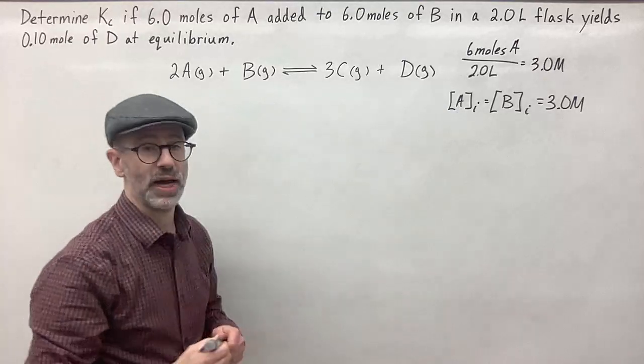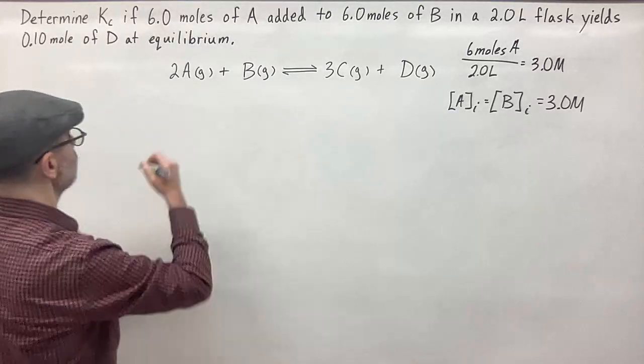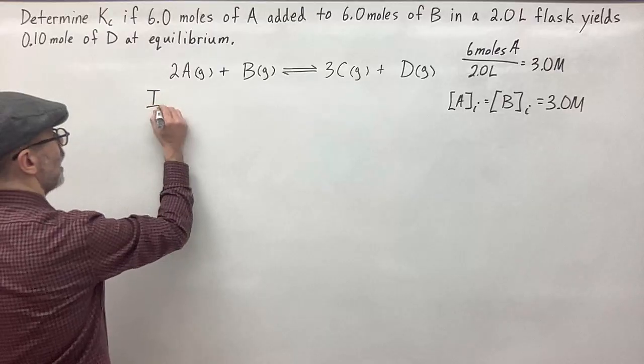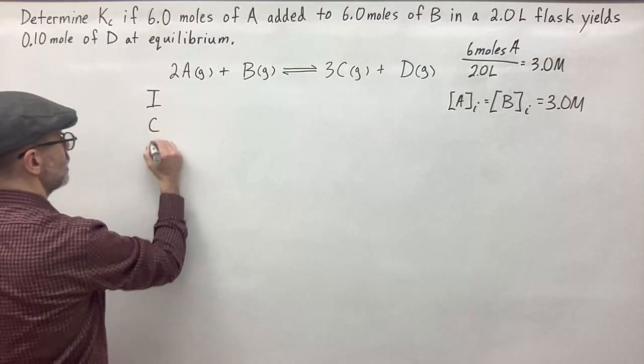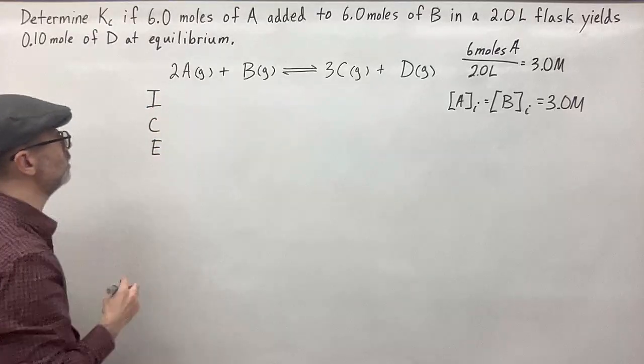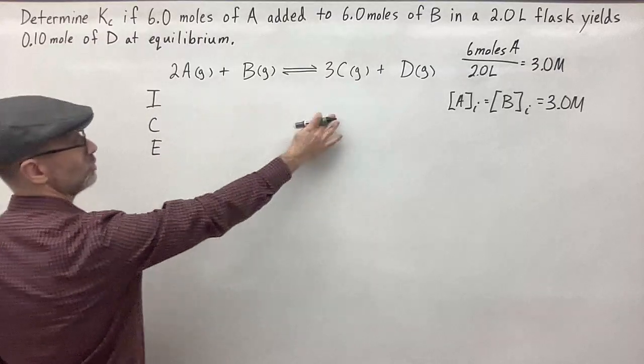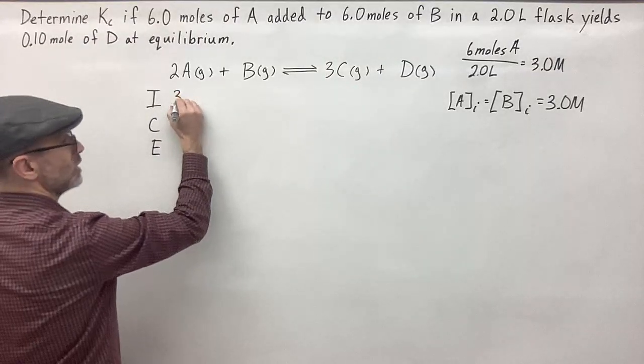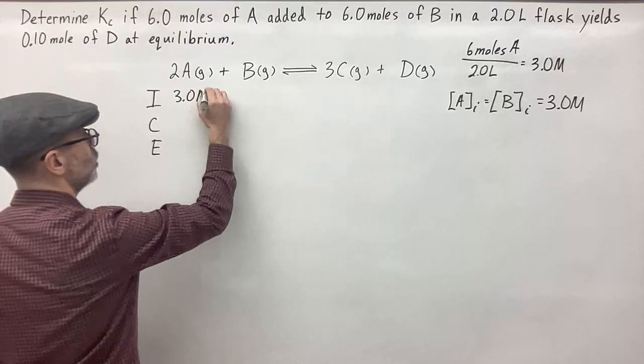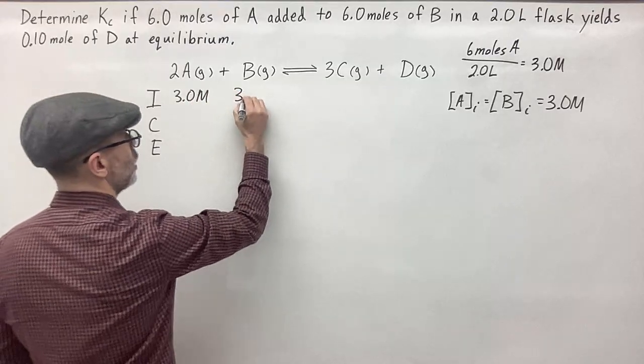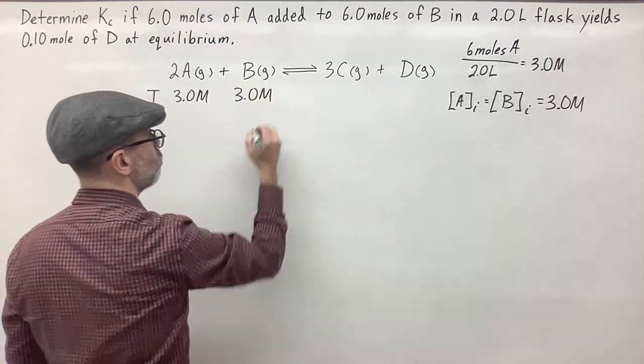Okay, so now we can set up our ICE table. The initial amounts for A is 3.0 molar, same for B, 3.0 molar.